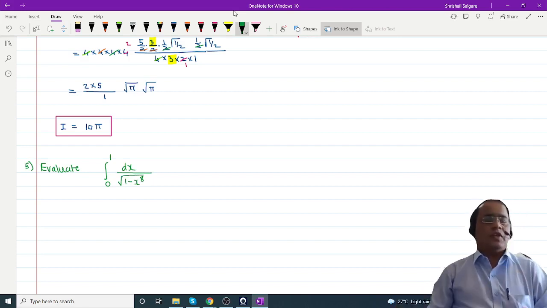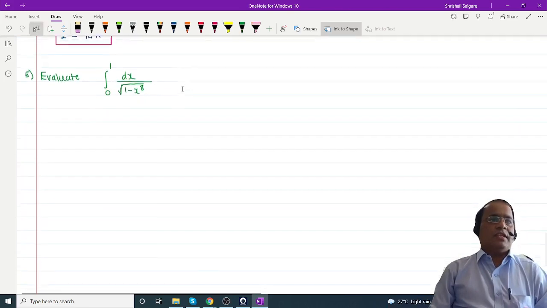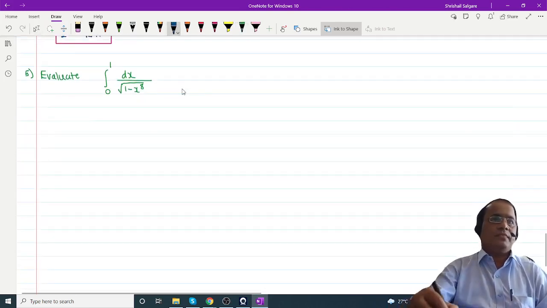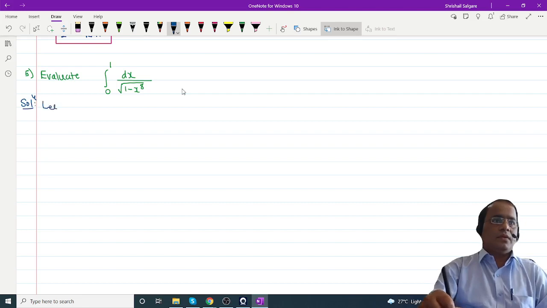Okay. Now let us continue. So I will call this integral as I. So let I is equal to integral from 0 to 1 dx divided by square root of 1 minus x raised to 8.